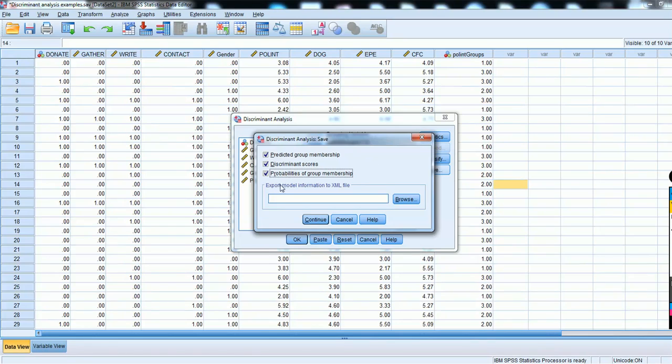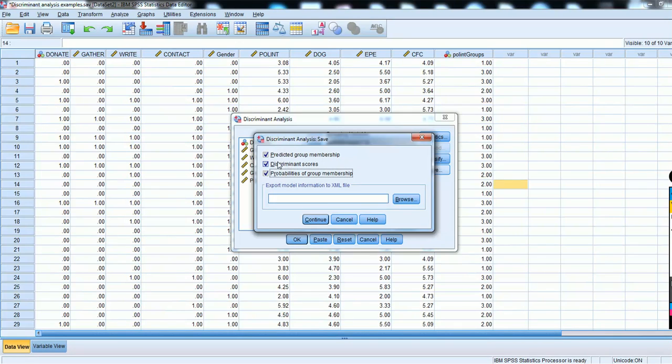The way this occurs is that each person obtains a discriminant score on each of the discriminant functions that are derived from the patterns of associations among our predictor variables. So from that, we generate probabilities of membership into groups 1, 2, and 3, and then based on that, the program assigns people to a predicted group membership.